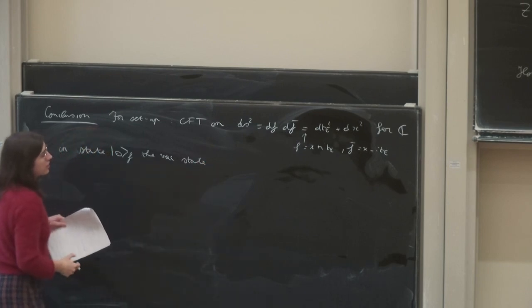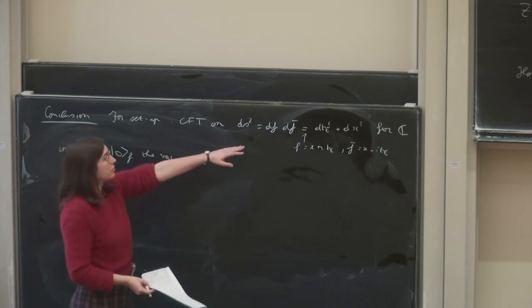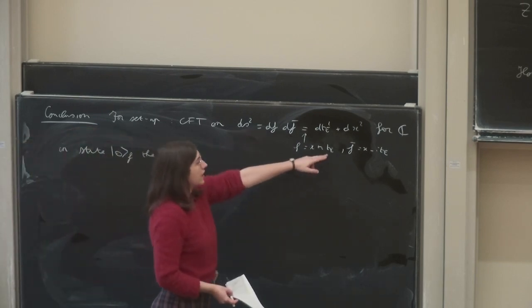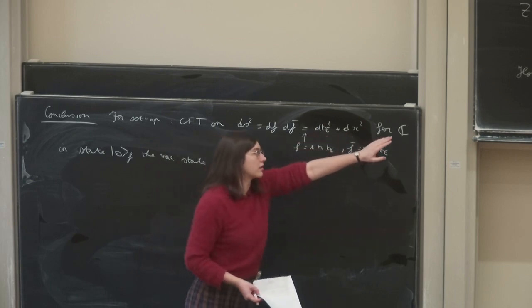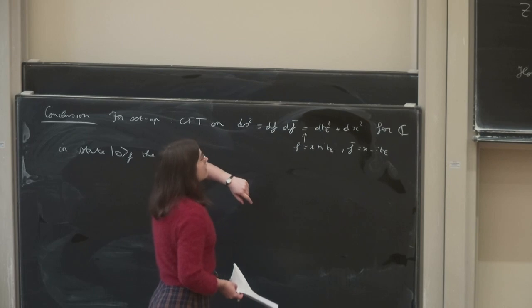The setup is a CFT on a planar background, dx squared plus the Euclidean time squared, for our complex plane.